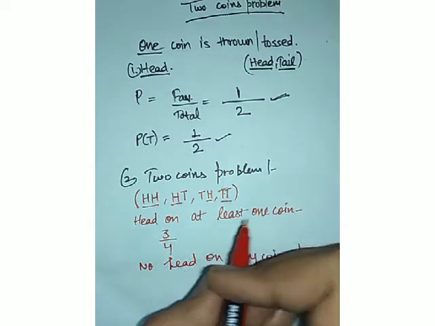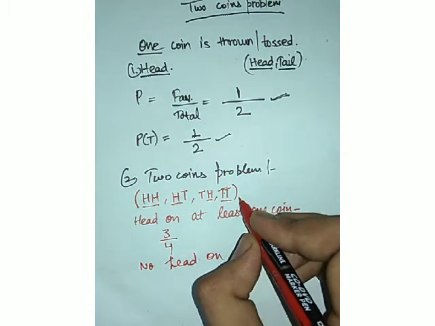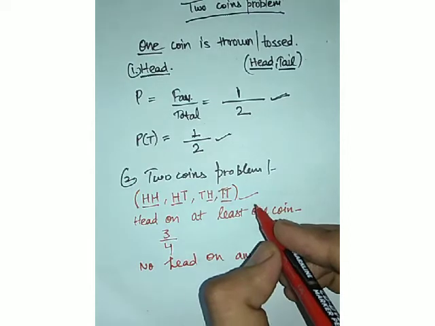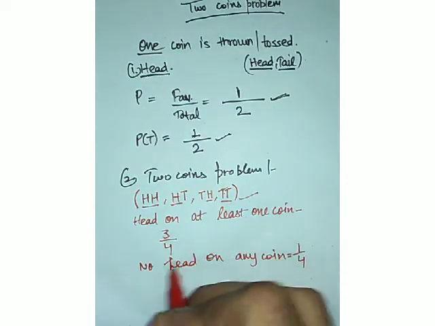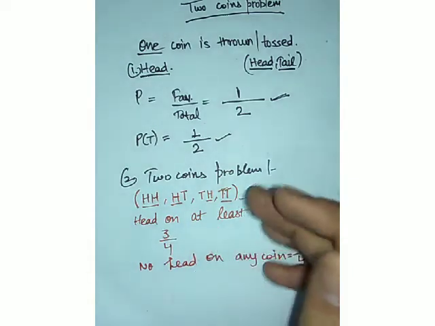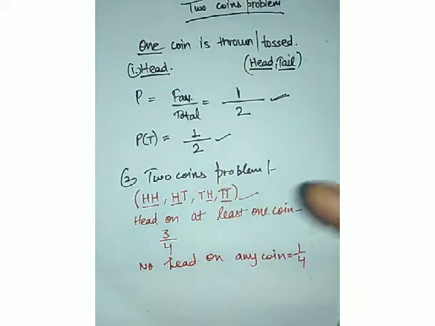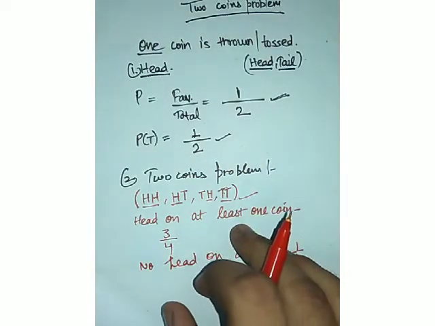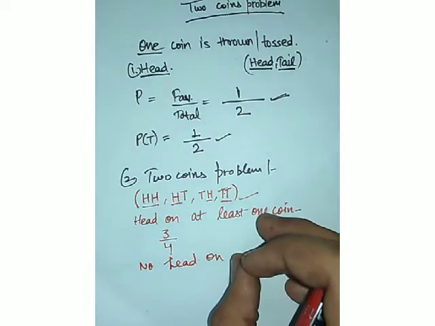And of course you must know how to make the sample space or the expected outcomes, so as to know the total number of outcomes as well as the favorable number of outcomes. So this was all about the coins problem, either one coin or two coins, and by taking some examples from your book, from the internet, from anywhere, you can practice these problems very carefully.